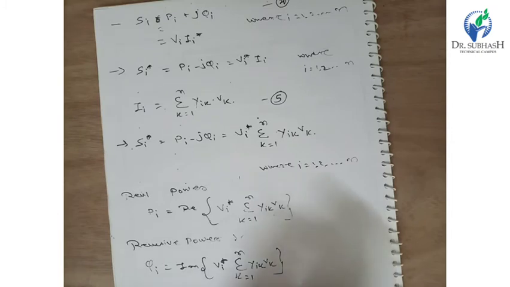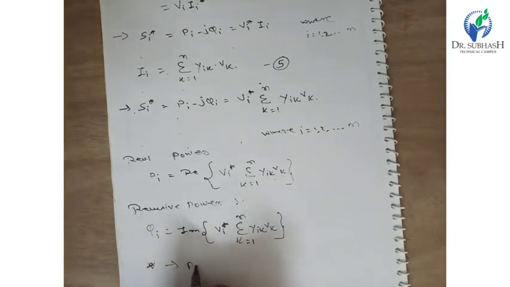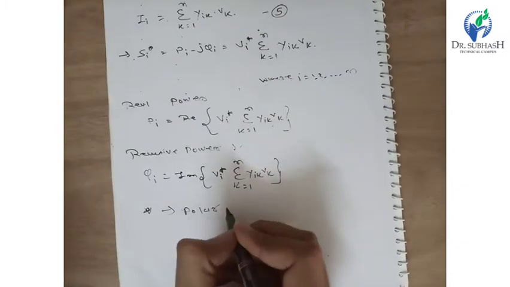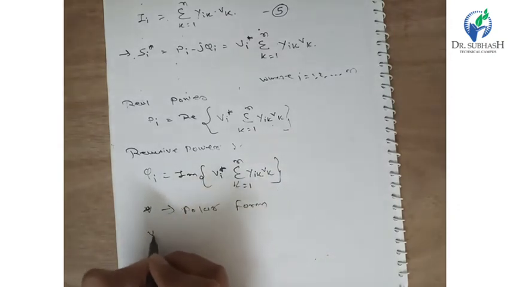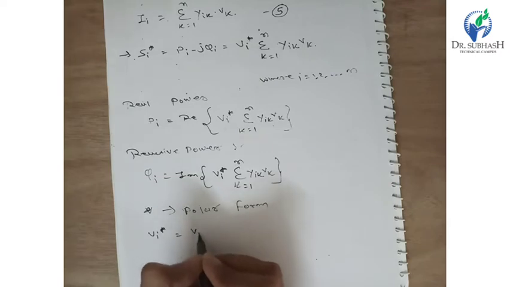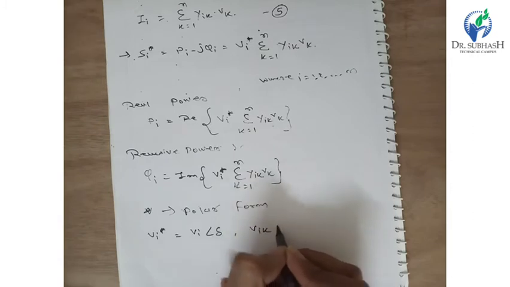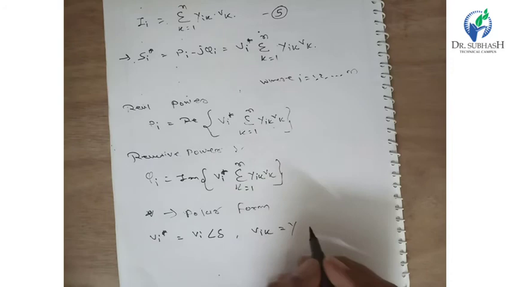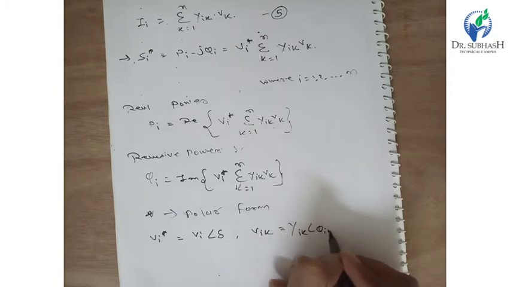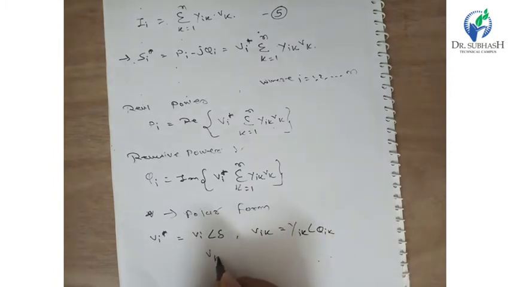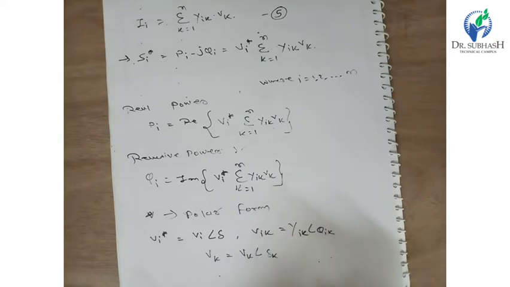In polar form, Vi conjugate is equal to Vi angle minus delta i. For Yik, the polar form is Yik angle theta ik, and Vk is equal to Vk angle delta k.